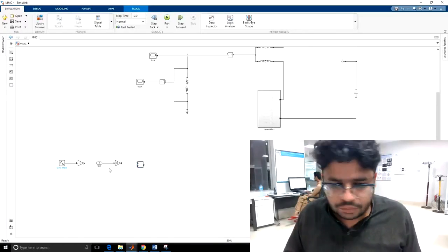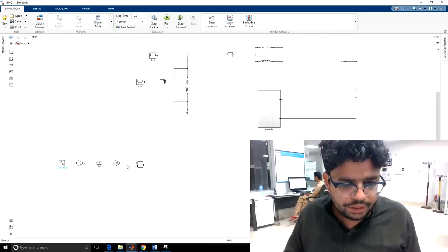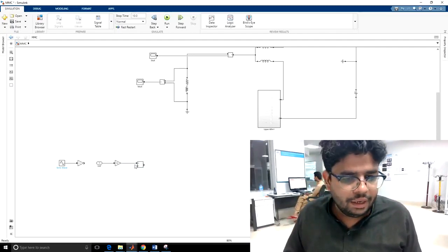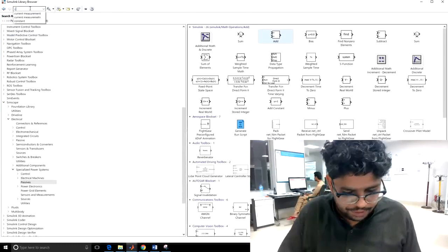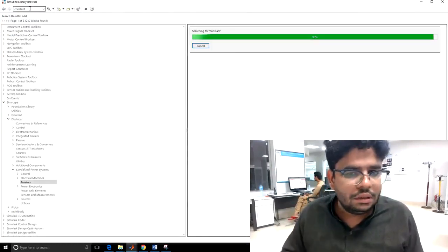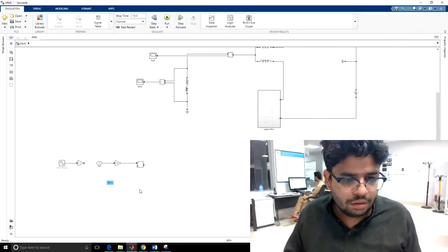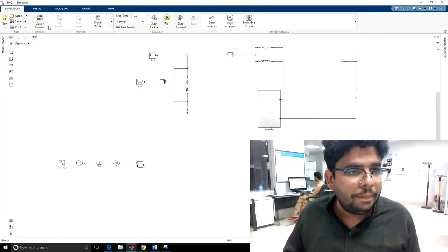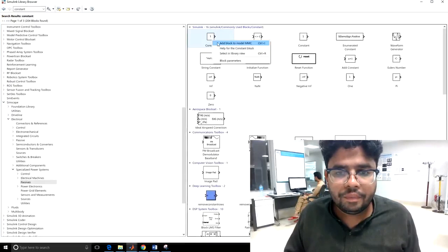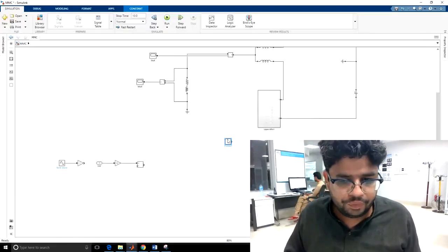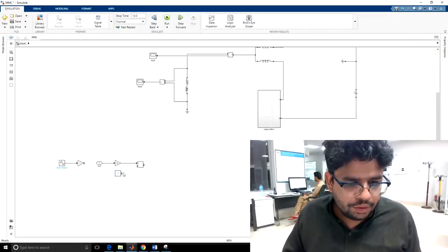So let's add it, and I will pick up a constant block. So here the constant value will be the same as the number of half bridge submodules.